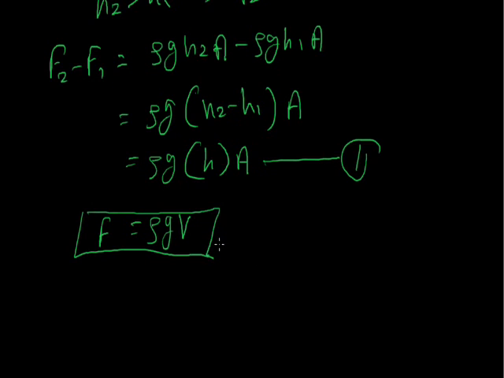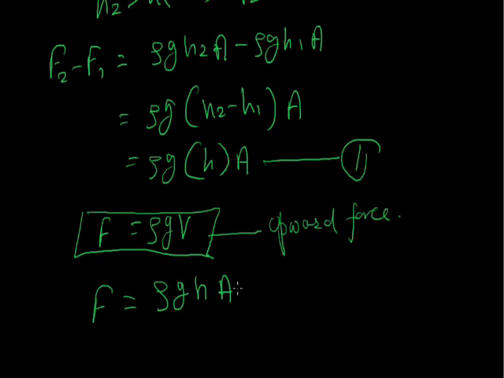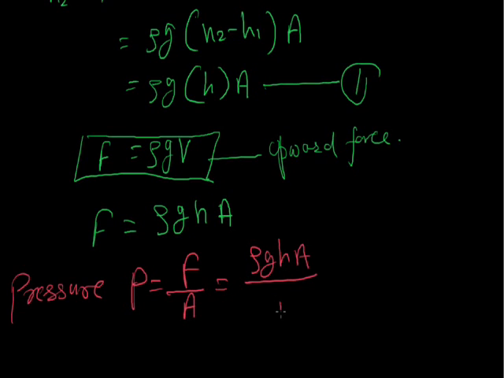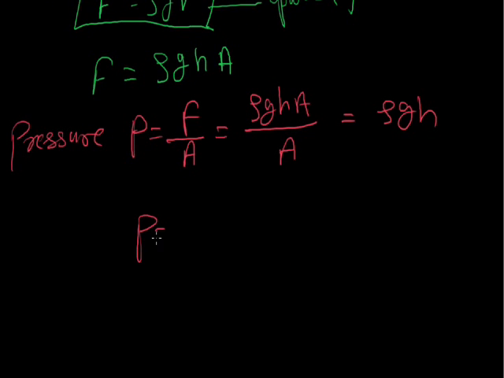This is the upward force, and it is also written as rho g h A. The upward pressure P equals F by A, that is rho g h A upon A, that is rho g h.